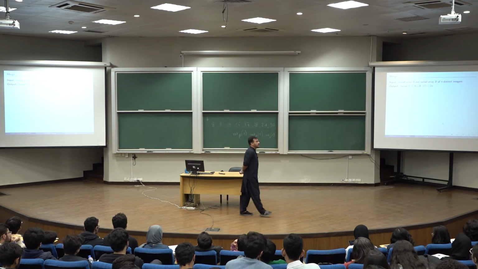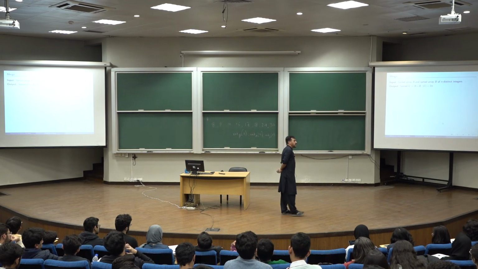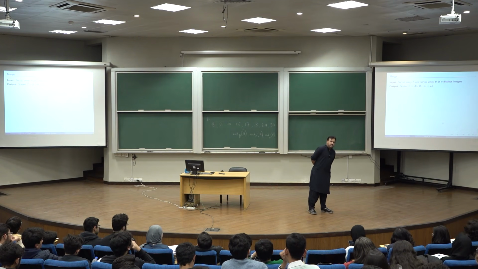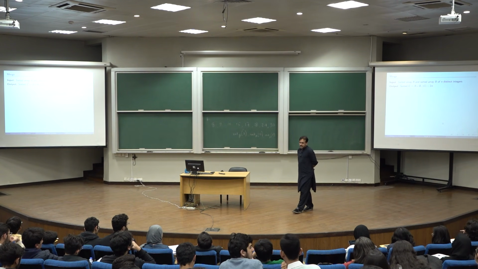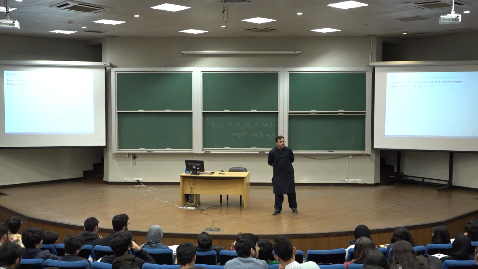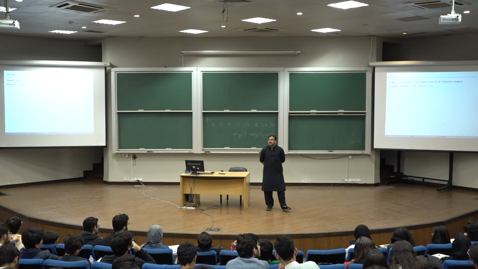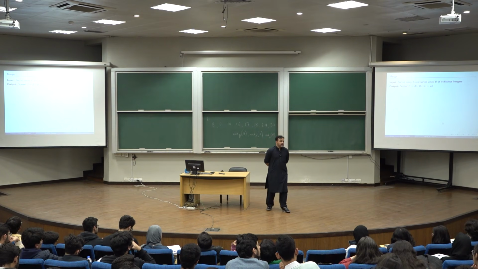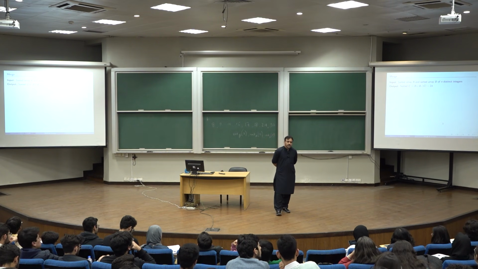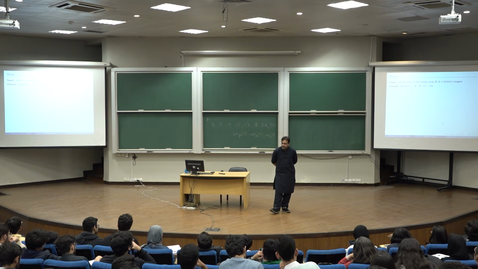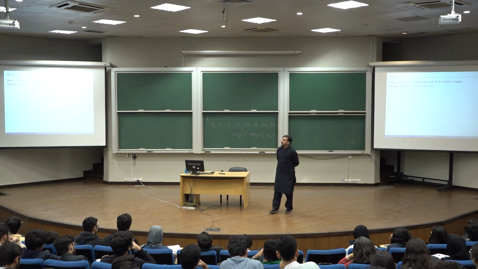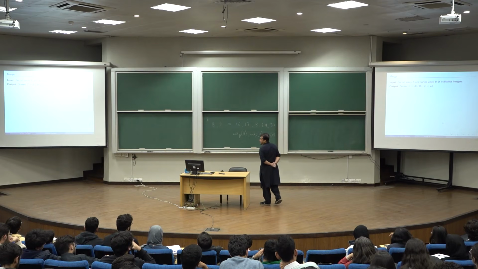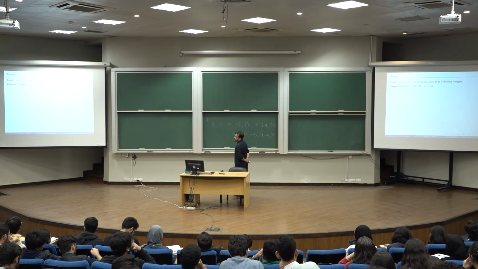Okay, you are given an array A of n sorted integers, and another array B of n sorted integers, and your goal is to compute C, which is the union of A and B, and C is also sorted. This problem is called the merging problem. Anybody who has any issue with the merging problem?